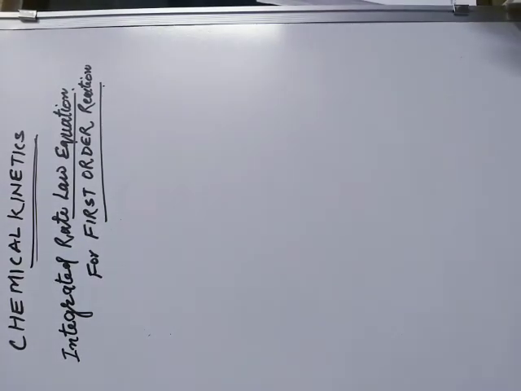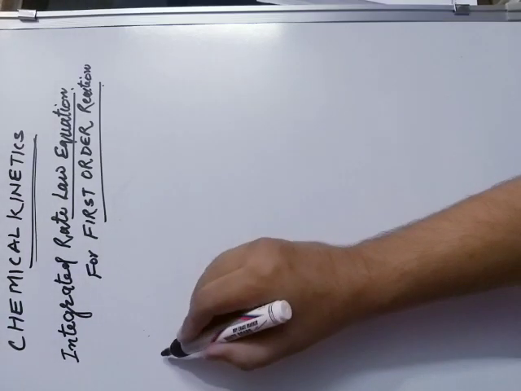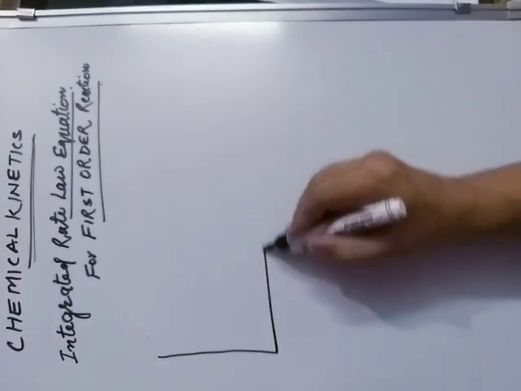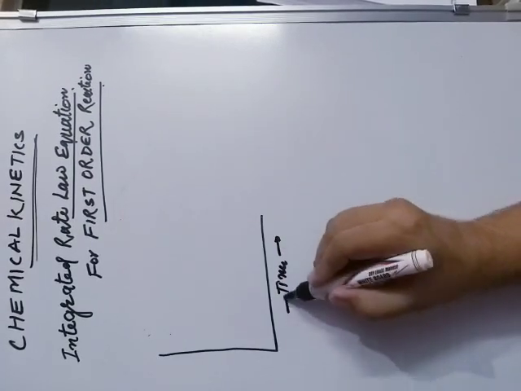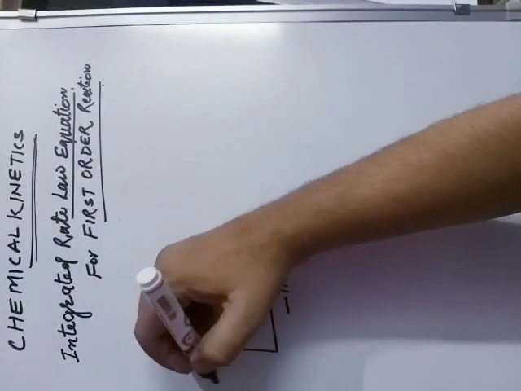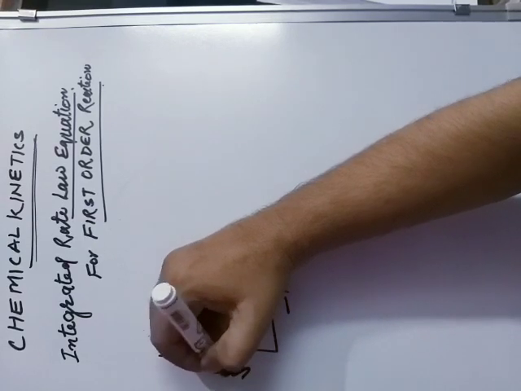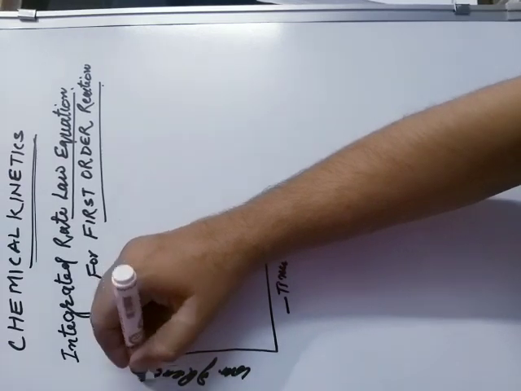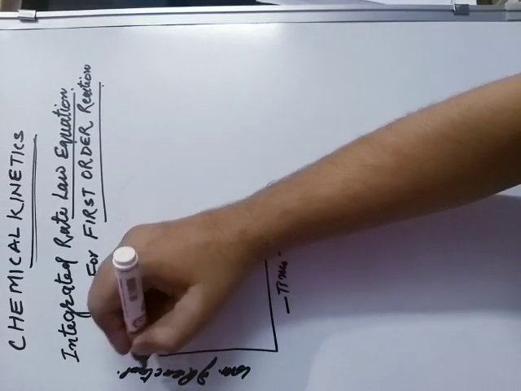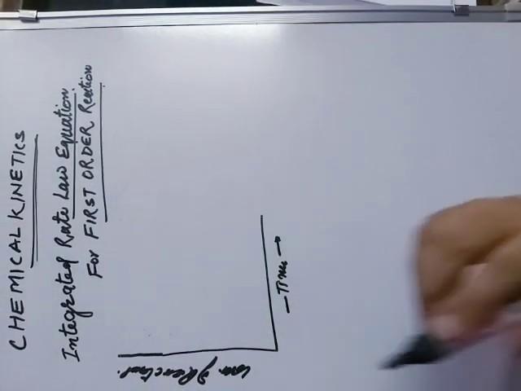Now we are going to plot a graph between concentration of reactant and time for a first order reaction. Here is time, and here is the concentration of reactant in mole per liter.